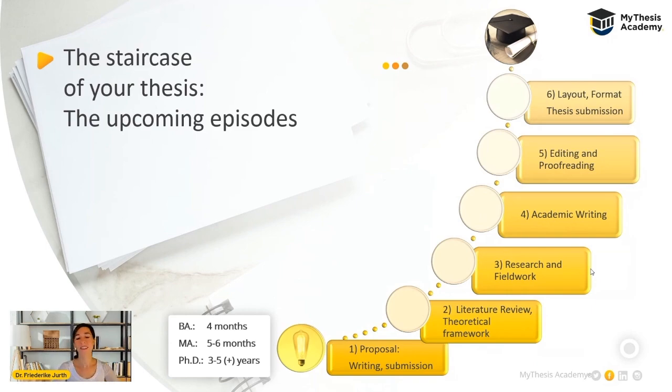And last but not least, all the formal aspects, so the layout and the formatting of your thesis, and everything that you have to complete until the thesis submission. These are the 6 important episodes that you have to plan.